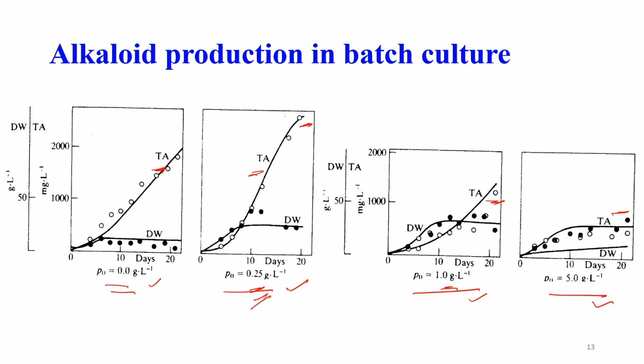So, it says that phosphate concentration is playing a dual role. What is happening? It is linked with some internal mechanism, how it is regulating the product formation.